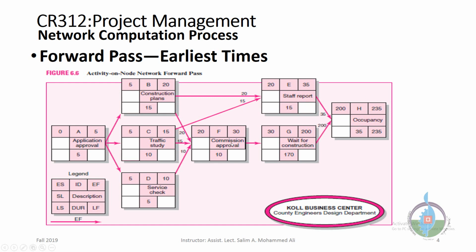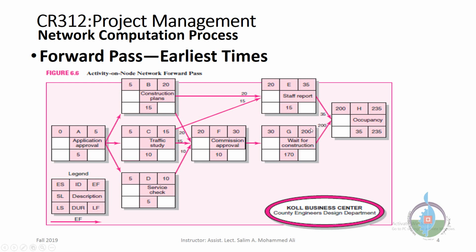So one can say, oh, okay, you missed F. You may say that there is another critical path, which is A, B, F, G, H. Is this true? No. Why? Because the critical path, when you delay it, will delay the whole project.